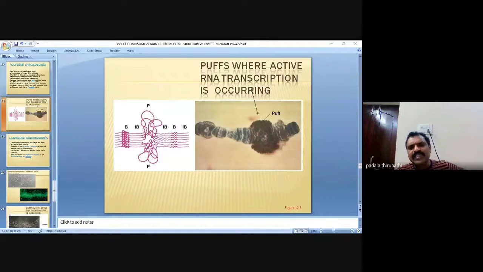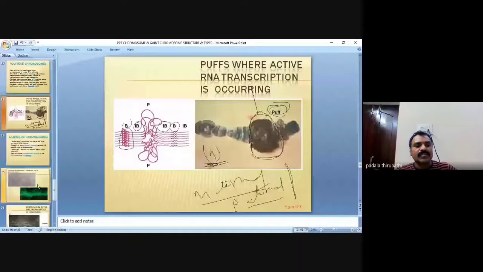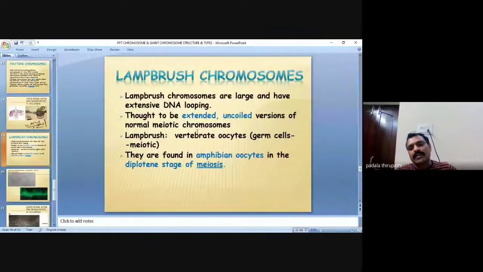Then the next one, the second type of chromosome, is the lampbrush chromosome. What is that? The lampbrush chromosome is the second chromosome type, identified in 1882.